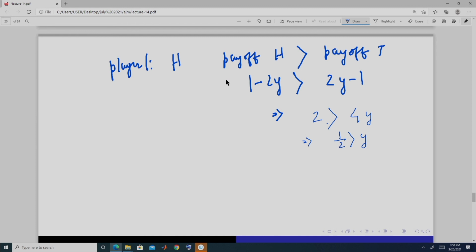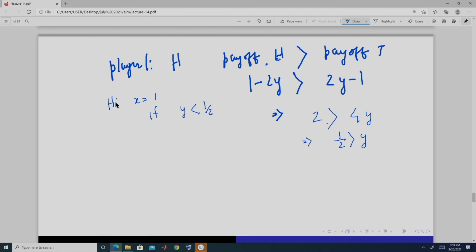player 1 is going to play head always. So it is going to play head with probability x equal to 1, if y is less than half.